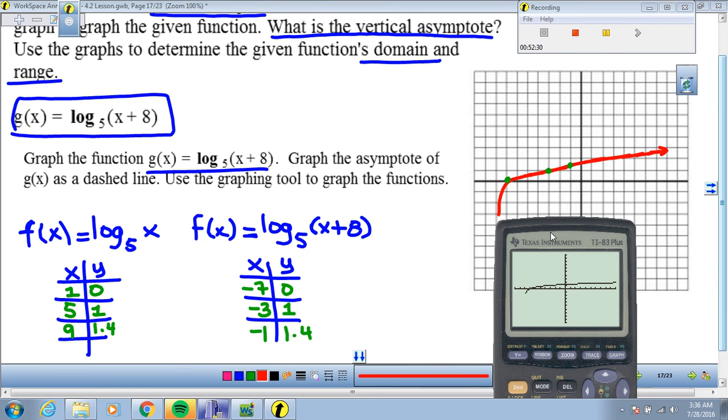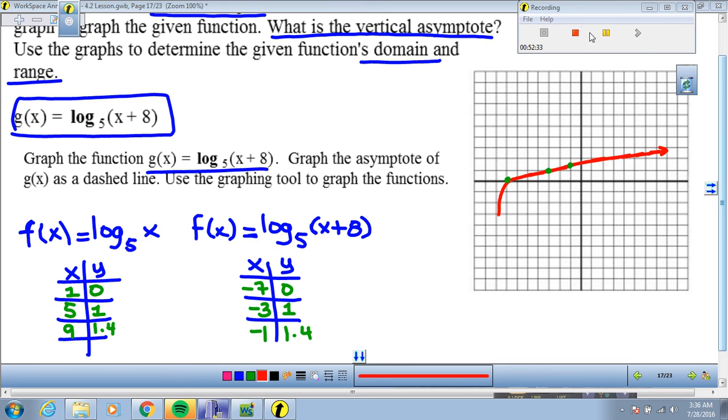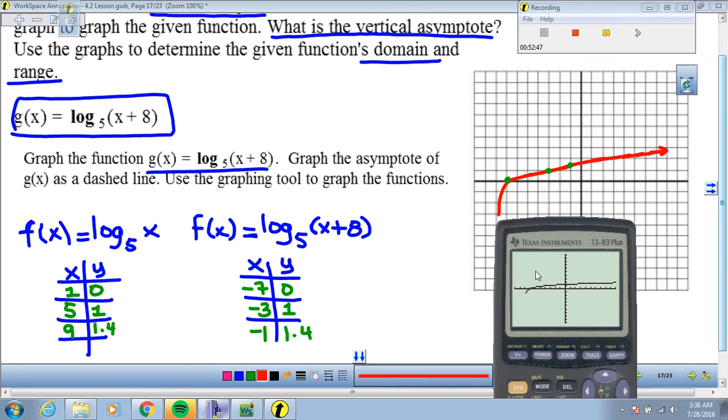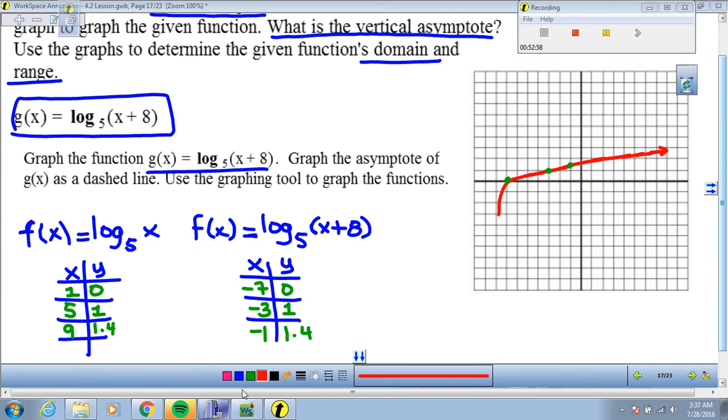So this one, you can see more or less what my graph looks like. Remember that logarithmic equations don't have horizontal asymptotes, they have vertical asymptotes. Now where would this one have a vertical asymptote? Well, this point is negative 7, 0. My old version calculator doesn't really show that this line goes down, but it really continues this part of the curve going down to negative infinity.